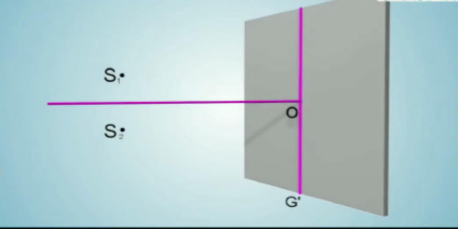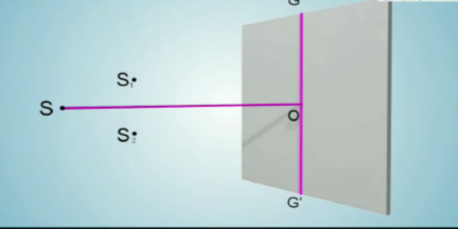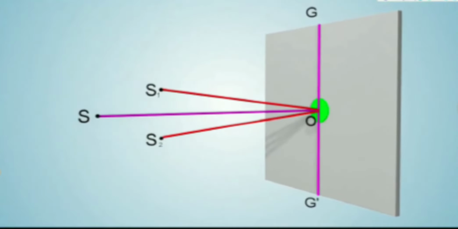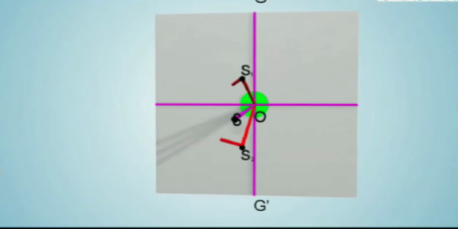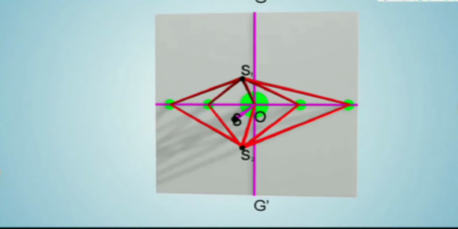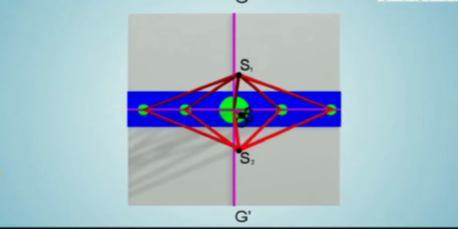This condition corresponds to n equal to 0, the condition for a bright fringe, and hence we will have a bright spot at O. Now, consider the line on the screen that passes through the point O and is perpendicular to both the line AB and GG'. All the points on this line will be equidistant from S1 and S2, and hence we will have a bright central fringe along this line.